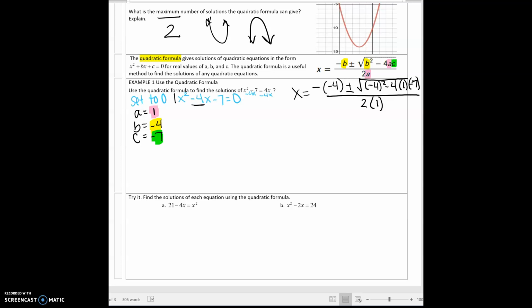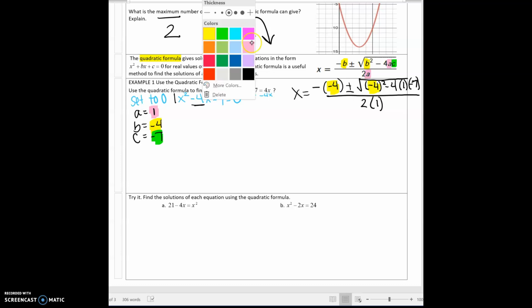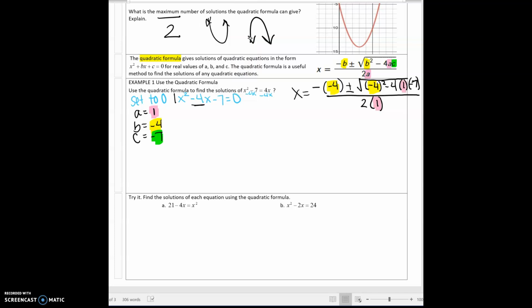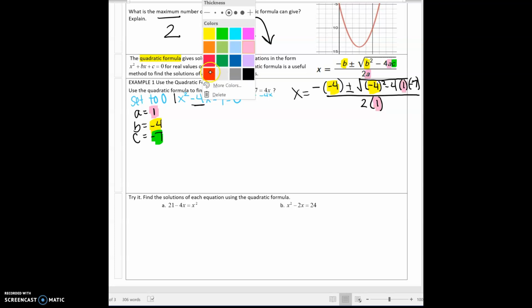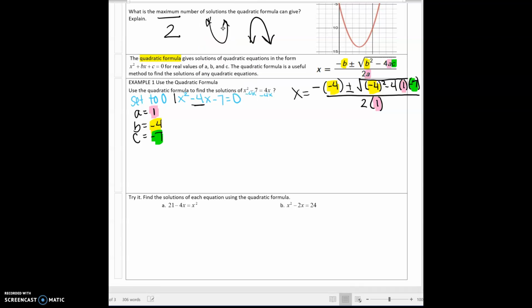So again, I took the negative 4 and plugged it in everywhere I saw b in my formula. I took the a value of 1 and plugged it in for where a is in my formula. And I plugged in negative 7 for c in my formula.